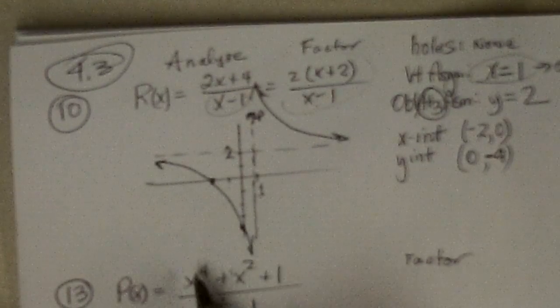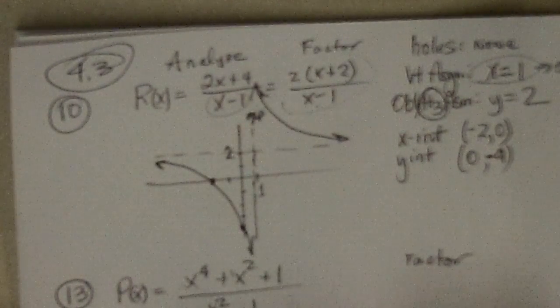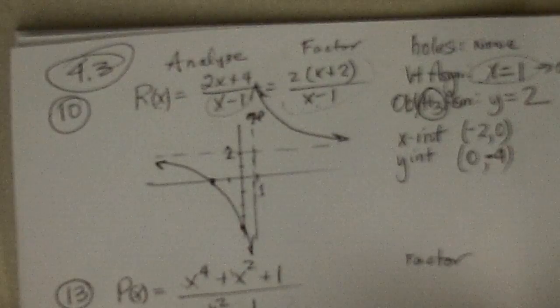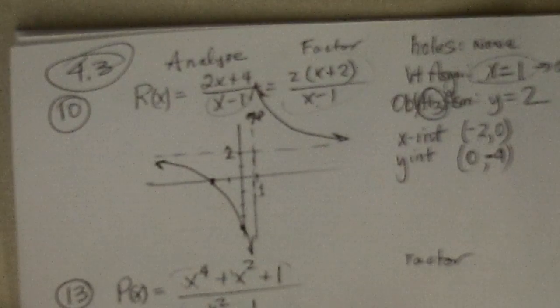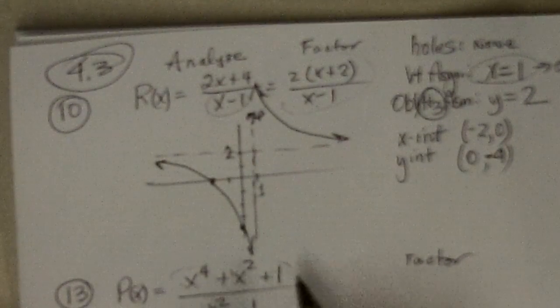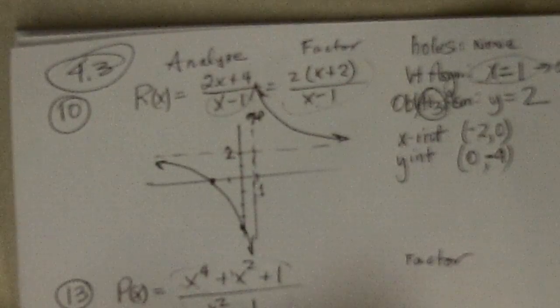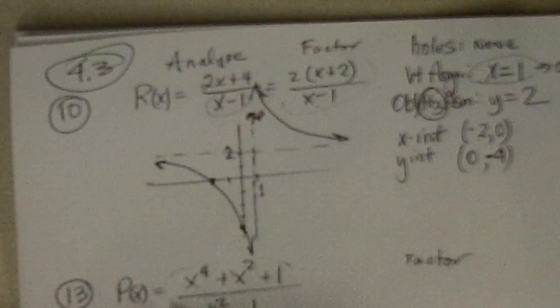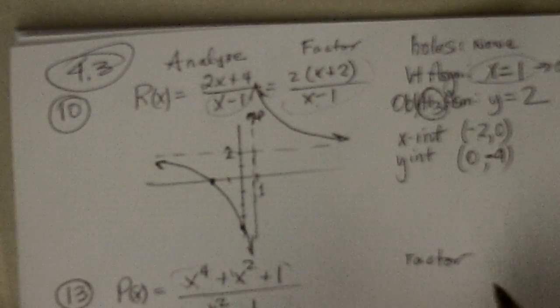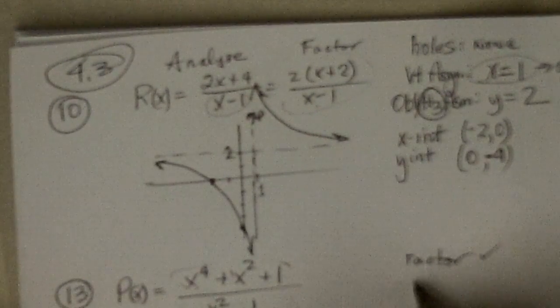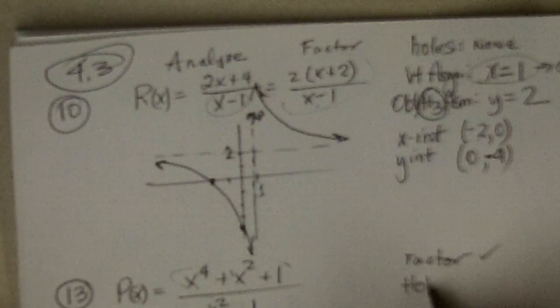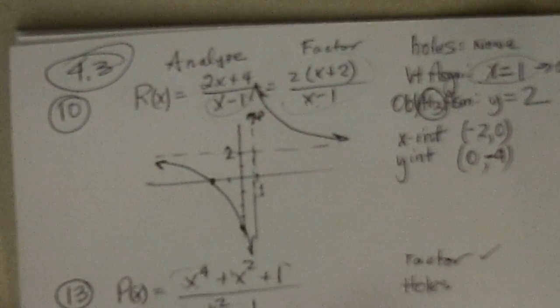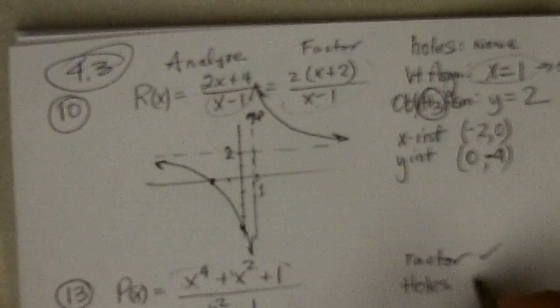You can put 1, 1, 1 in the quadratic formula and it'll tell you it's i's. It doesn't hit the x-axis. So there's no factors on that. The denominator does factor to (x plus 1) and (x minus 1). Numerator doesn't factor in the reals, so done with the factoring. Are there holes? Since this doesn't factor, it can't match any of these, so none.